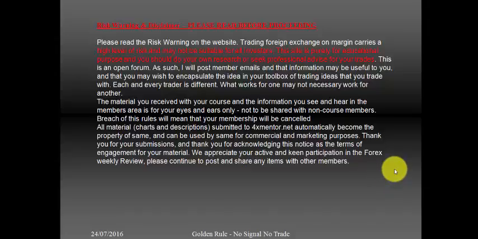Now, one thing I would say, and it is an accepted fact, is that 90% of traders lose money in this business. Yes, 90% do lose. Why do they lose? They lose because they don't have an edge. They lose because they don't have a trading plan. They lose because they don't have a properly tested strategy.